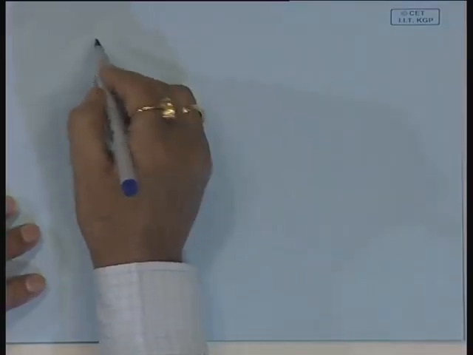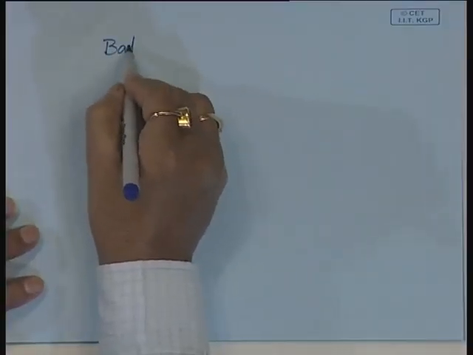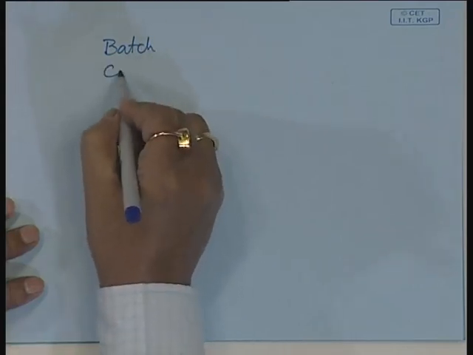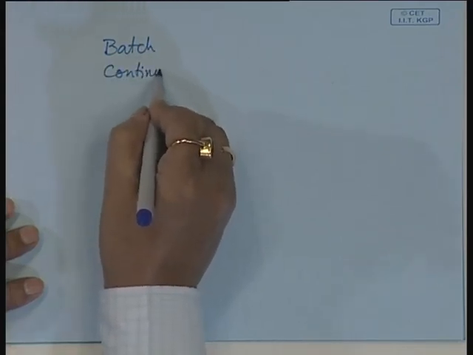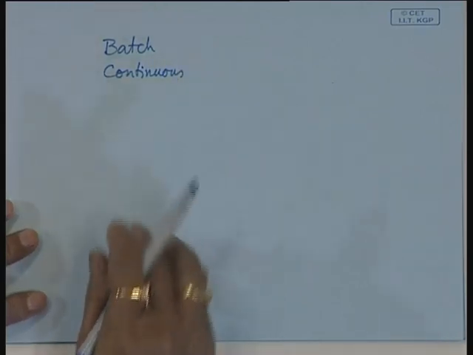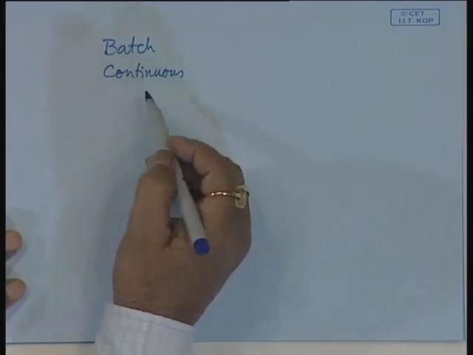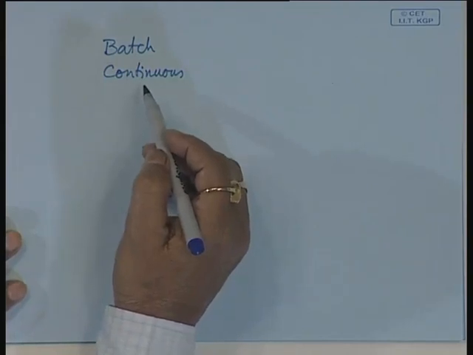Now, batch type, you do not know what is batch type. These polymerizations or chemical manufacture can both be carried out by batch process or continuous process. There are advantages of both these techniques, again with serious disadvantages too.